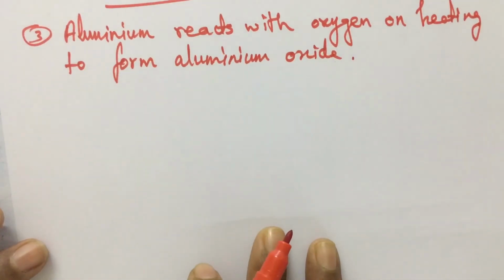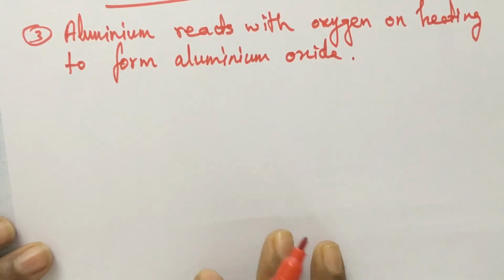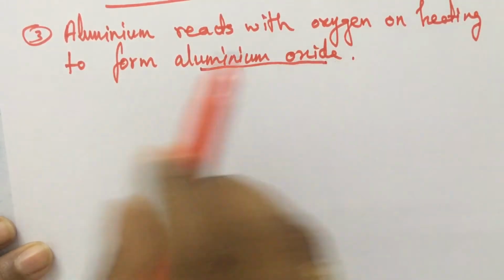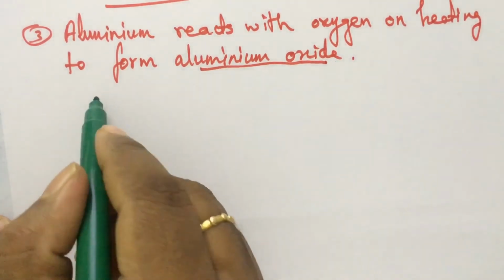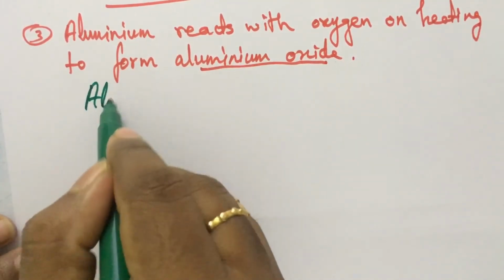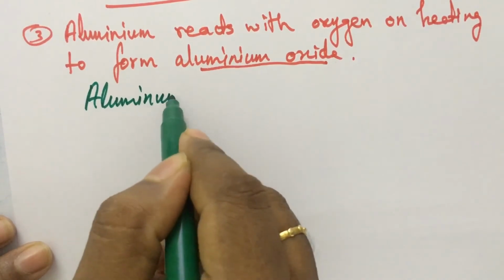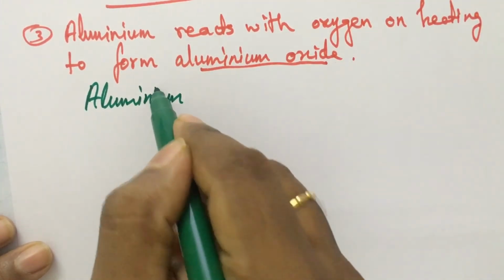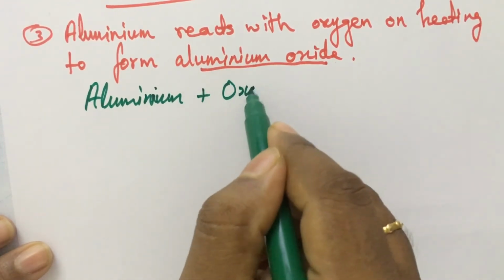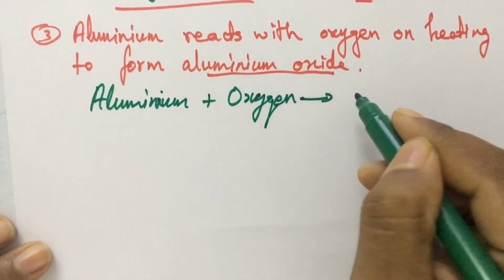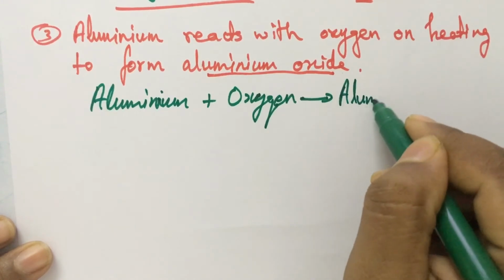In this question, children, we can write the skeletal equation easily because the product is also mentioned as aluminum oxide, right? So let me write the skeletal equation, that is aluminium plus oxygen gives aluminum oxide.